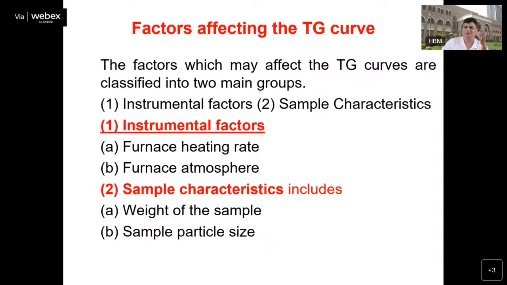Similarly for the furnace atmosphere, whether you want to keep it static, inert, or reducing. We can use a nitrogen atmosphere, or we can pass hydrogen. Similarly, the weight of the sample should not be too large, and we will see in the coming part how this weight loss is affected.